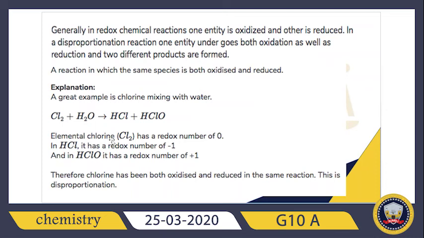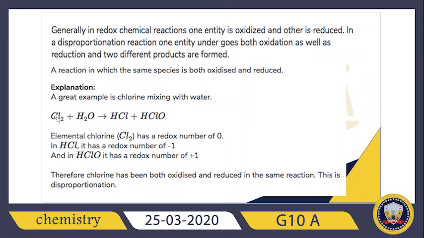Elemental chlorine, Cl2, has an oxidation number of 0. Why? Because it's a pure element. We took it before: the oxidation number of a pure element is 0, no matter the number of atoms. It became HCl, where the oxidation number for Cl alone is -1, and HClO, where it is +1. So the chlorine went from 0 to -1.